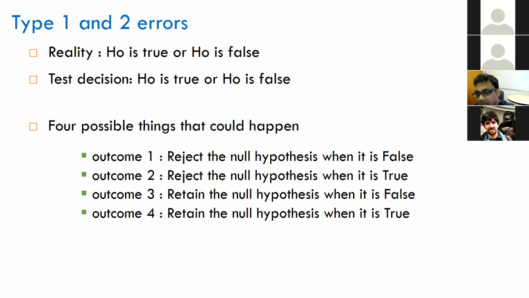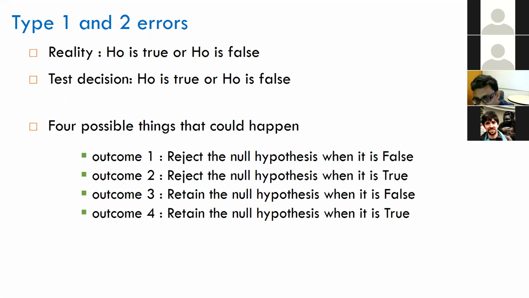One is rejecting the null hypothesis when it is true. The other is keeping the null hypothesis when it is false. So outcome 2 and outcome 3 are wrong. Those are errors.